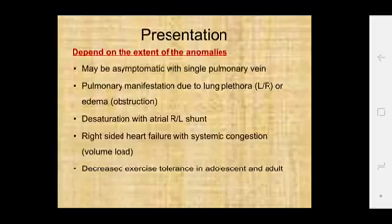Presentation usually depends on the extent of the anomalies. One vessel is different from three vessels. Usually one vessel can pass asymptomatic and even sometimes be discovered incidentally in adult age, third, fourth, even fifth decades, due to a cardiac check-up or any imaging. Pulmonary manifestations usually increase with the number of vessels and it represents a left to right shunt.